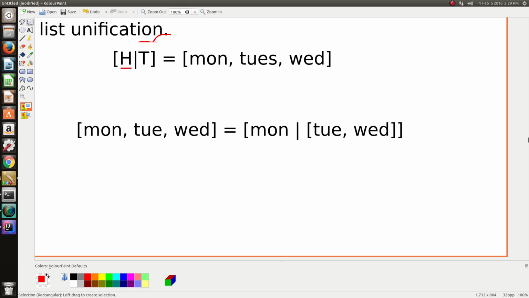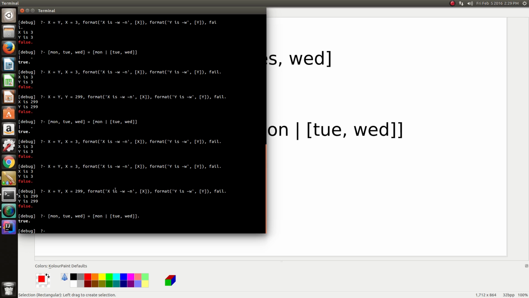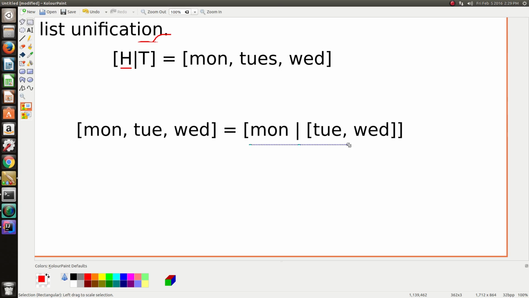Because if I go to the console and ask Prolog what will be the result of these unifying together, Prolog will return true, saying that these things are the same. But you might be wondering how they are the same, because we've got a bar here and an inner list, but this side doesn't have any of that. So Prolog does some tricks, and it actually simplifies this list further.